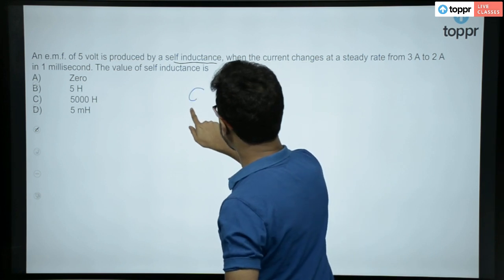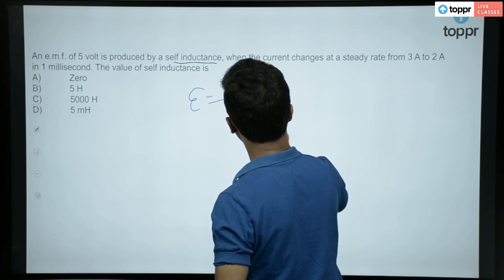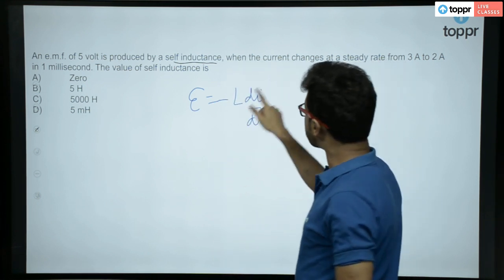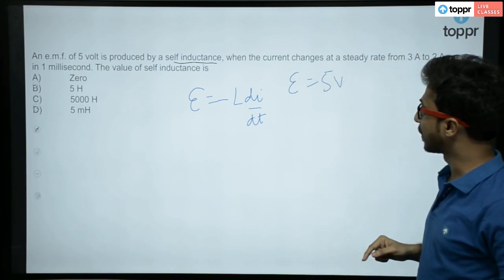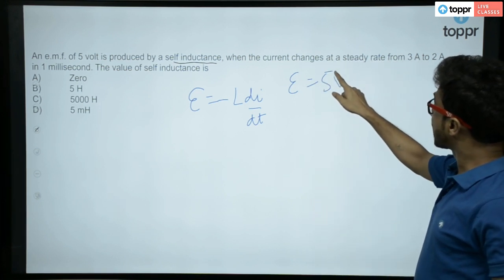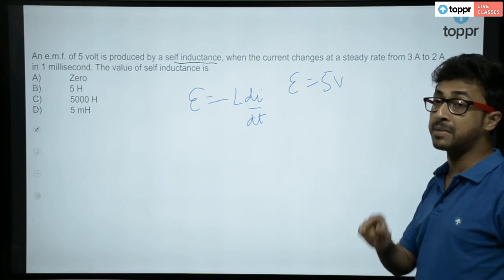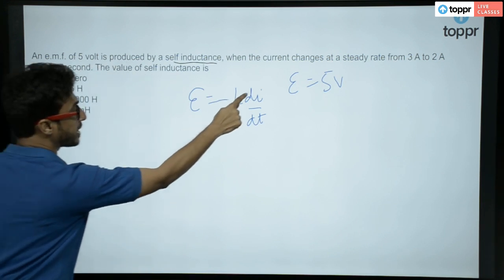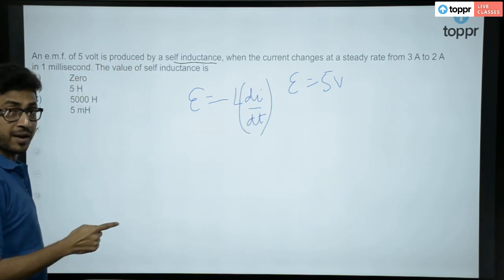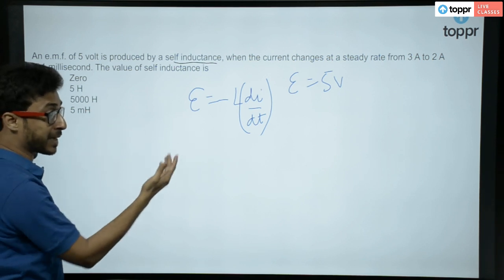Yes, E equals minus L di by dt, where E is given as 5 volt. The current changes at a steady rate from 3 ampere to 2 ampere in 1 millisecond. So we have to find di by dt, which means the change of current divided by the change of time.